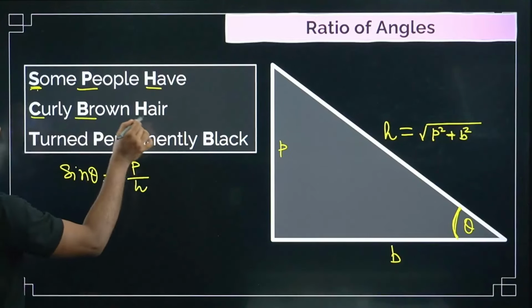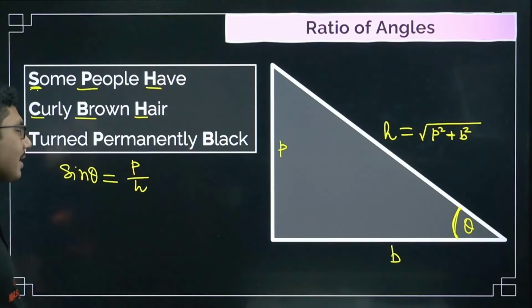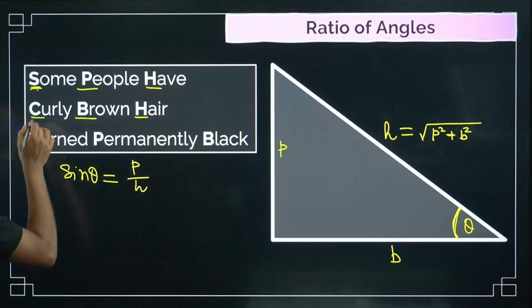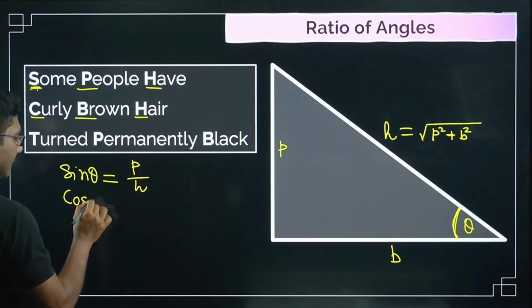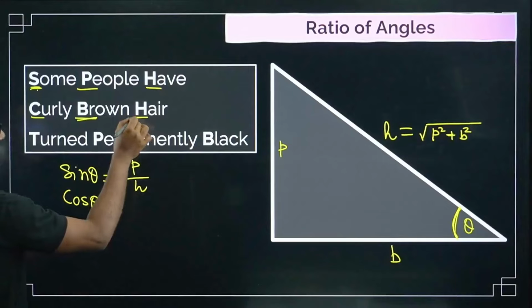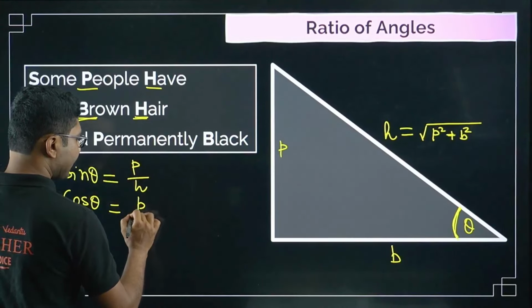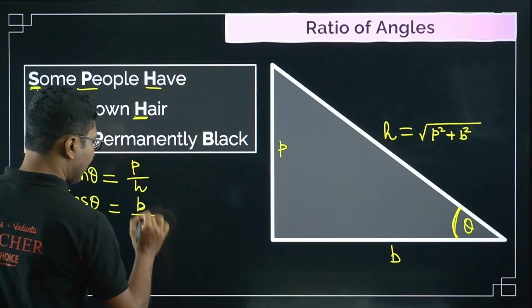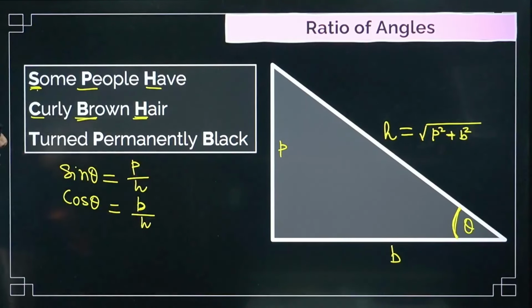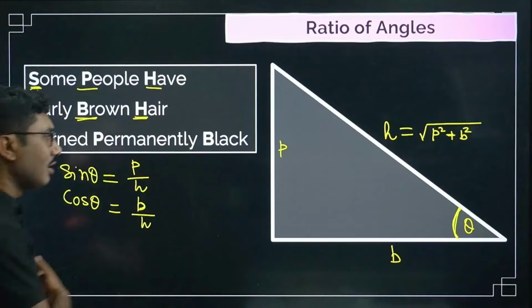Curly brown hair, so I hope you have already guessed it. Curly means cos, so cos theta. Brown hair, brown means B by H, base by height. Many students get confused.